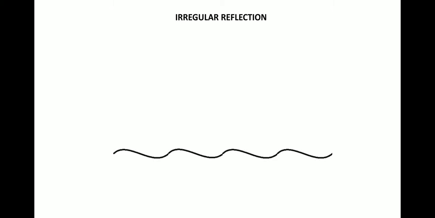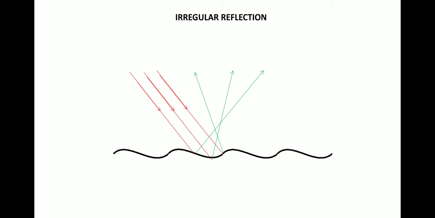Next we have another type of reflection, called irregular reflection, or sometimes diffused reflection. This irregular reflection takes place on a rough surface which is irregular. When light falls on this kind of surface, the incident ray after falling on the surface will be reflected randomly in all possible directions.